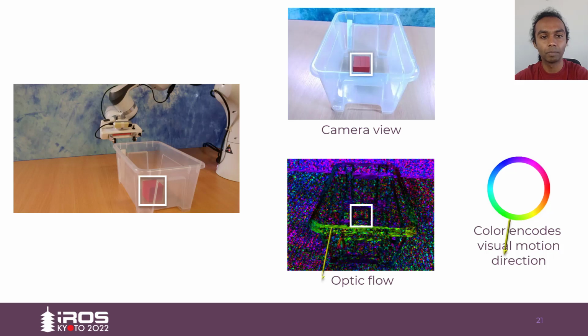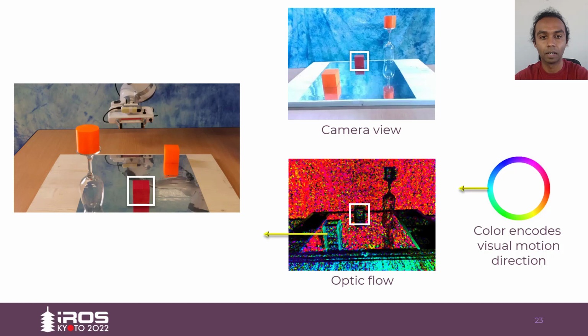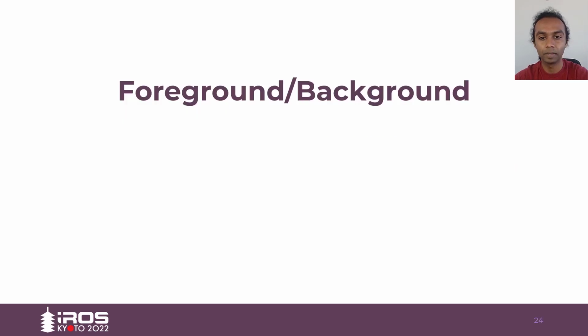The front lip moves opposite to the background. Similarly, in this situation with a reflective surface, objects in front are clearly separated. This is even true for object reflections that appear to be in front. So, fixation helps to easily and robustly perceive foreground and background objects.